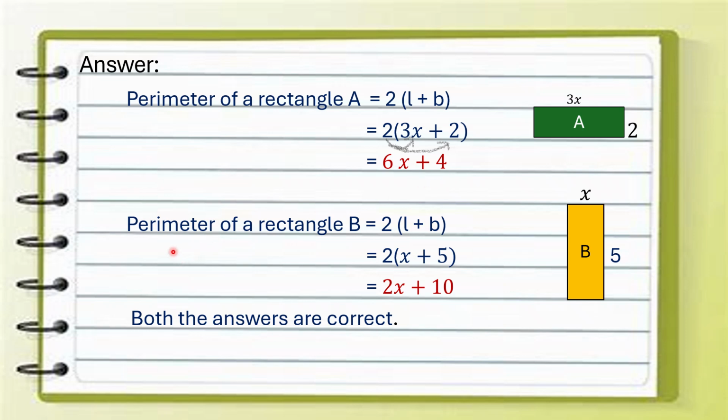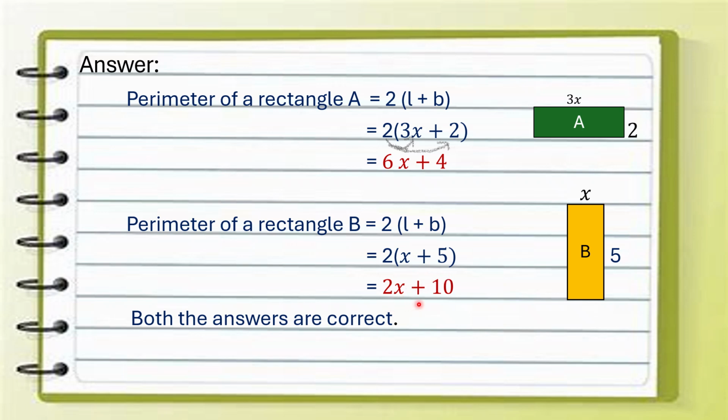Now let's find the perimeter of a rectangle B. So what is the formula? 2 of L plus B. So what is our L? That is x. What is our B? That is 5. So 2 of x plus 5. So 2 is common for x and 5. So 2 we have to multiply by x and we have to multiply by 5.